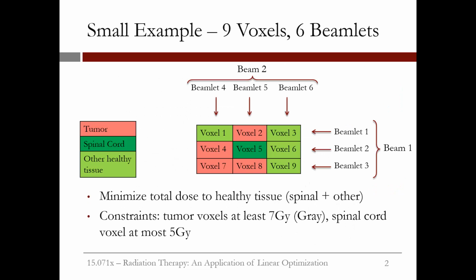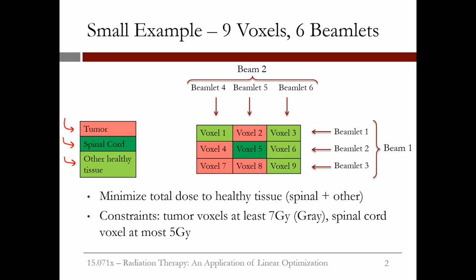We'll start with a small example. Suppose we have 9 voxels and 6 beamlets. Our voxels can be categorized into 3 types: the tumor voxels, which are colored pink here, the spinal cord voxel, colored dark green, and other healthy tissue voxels, colored light green.